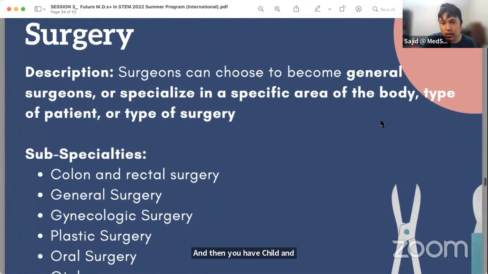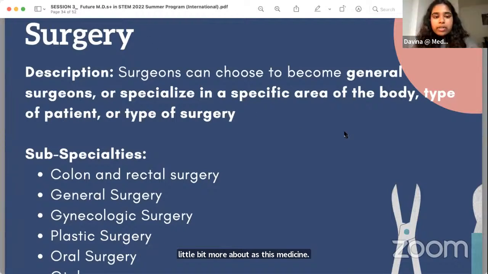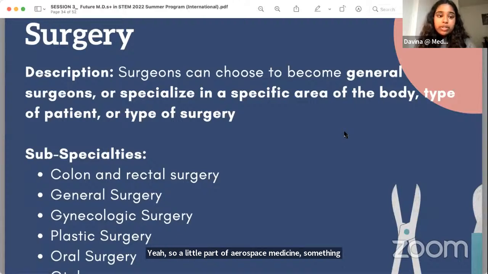So someone is asking in the chat about aerospace medicine. Okay, so I'm not too sure about that. Maybe Divina knows a little bit more about aerospace medicine. Yeah, so a little part of aerospace medicine, something that you may or may not have learned about in school, is that when astronauts are going into space, they have to do a lot of training, especially since gravitational forces are different and your body is used to something because of all the time that you've spent on Earth.